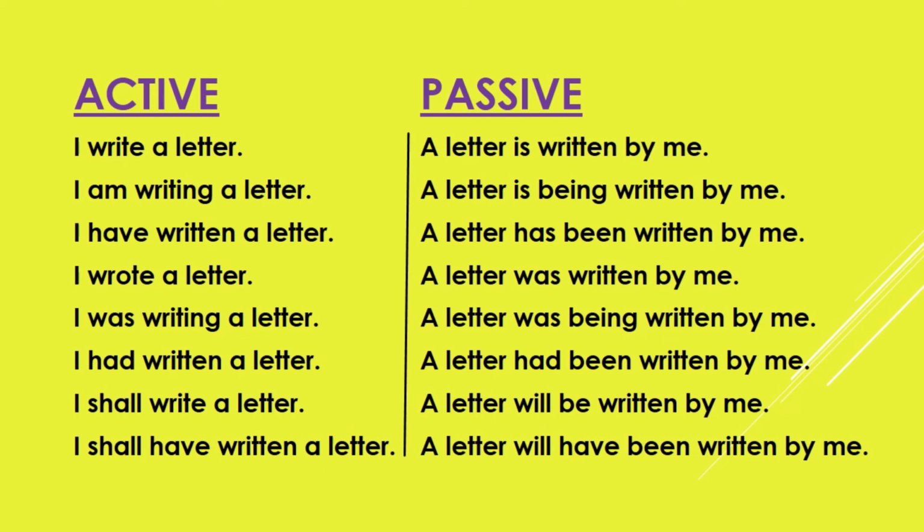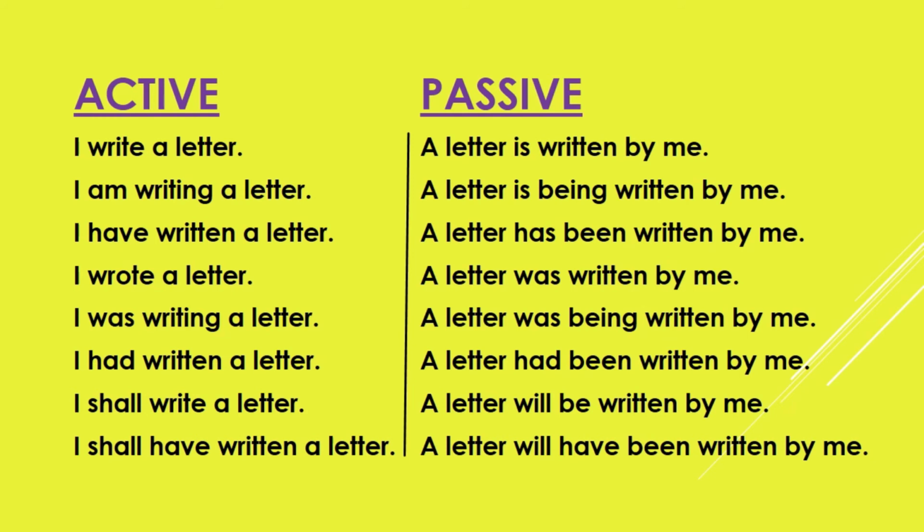Therefore, a letter has come in the beginning, followed by one of the three be verbs, that is either am or is or are. And we all know that the subject, a letter, is always followed by is, neither by am nor by are.